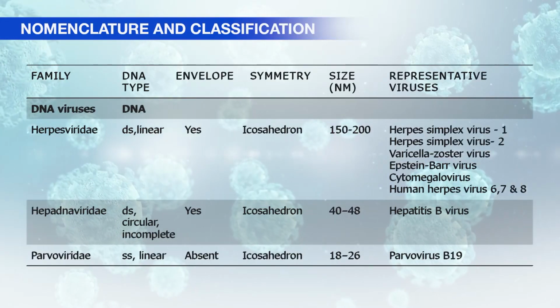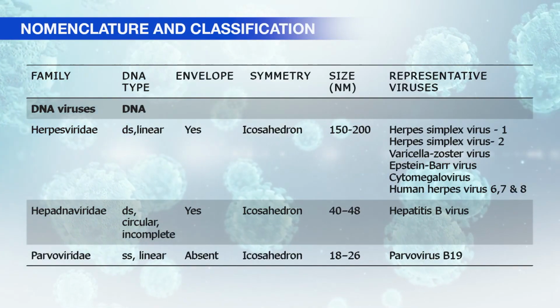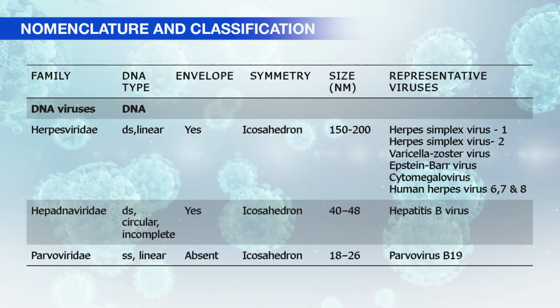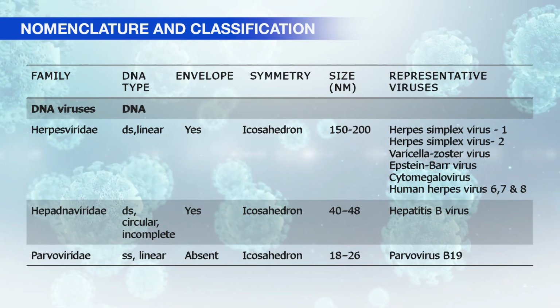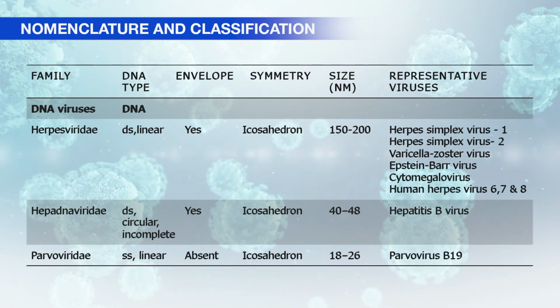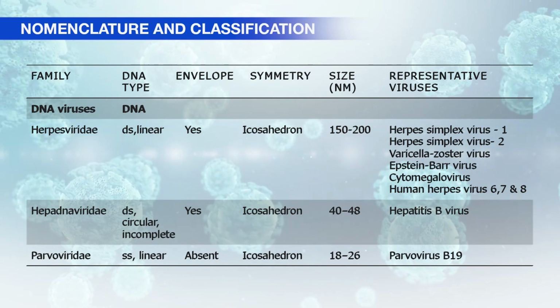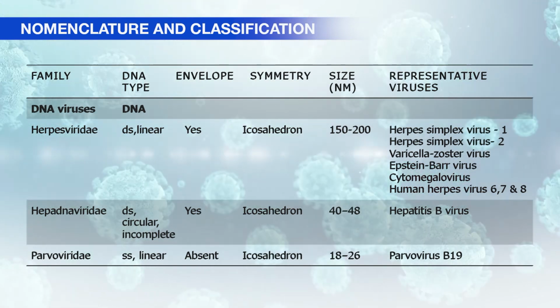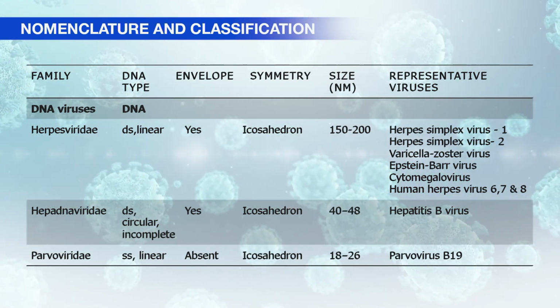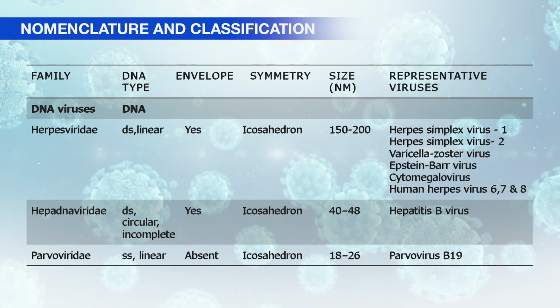Now, coming to nomenclature and classification, we will start with the DNA viruses. Looking at the symmetry, we have an icosahedral structure in the majority of them, with double-stranded DNA, which is linear in most.